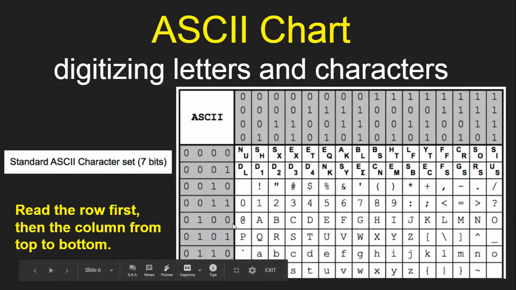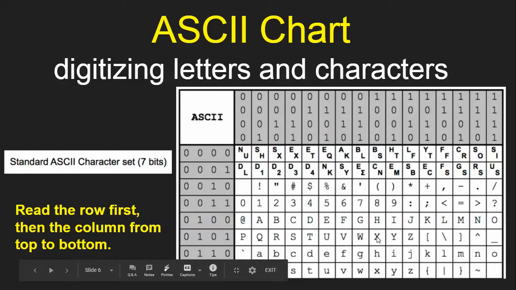So if we look at A, for instance, our bit string would be 0100 0001. And if you plugged that into the flippy-do, you would see that this is 64 plus 1, which is number 65. So B is 66, C is 67, and so on and so forth.